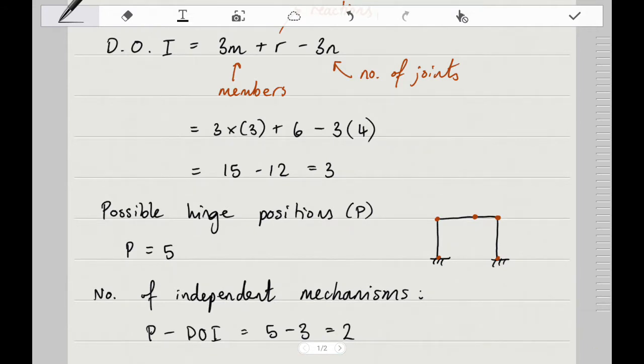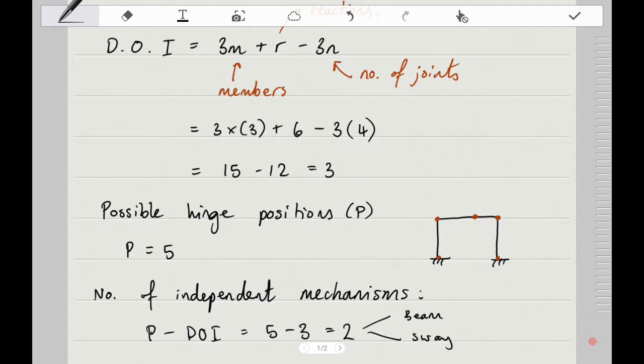Generally we know that this comprises of either a beam mechanism or a sway mechanism within the frame, and we'll go into more detail as to what a beam mechanism looks like and what a sway mechanism looks like.